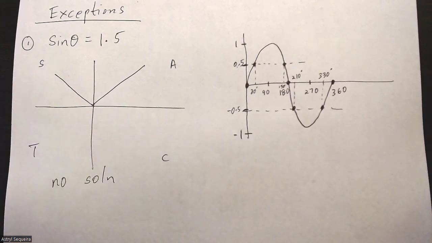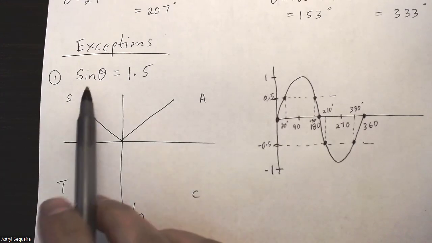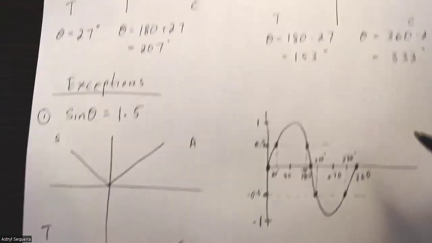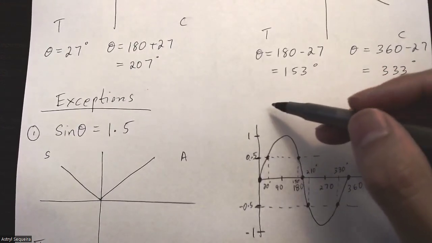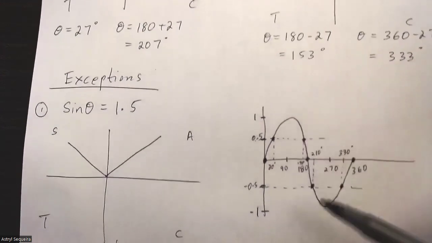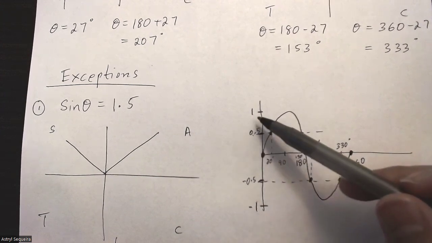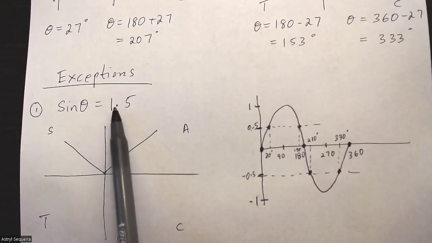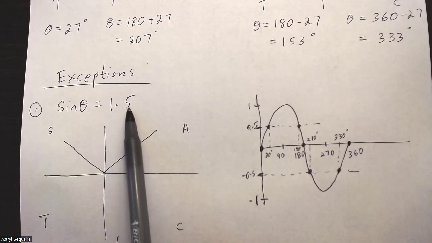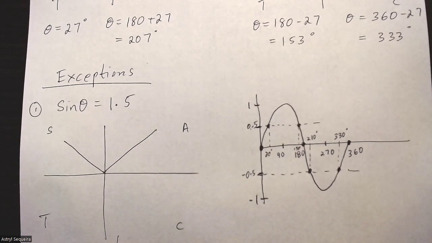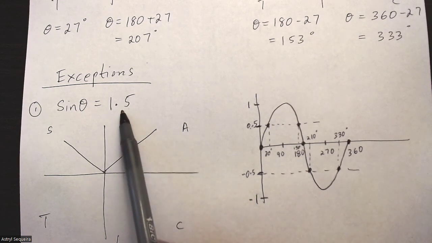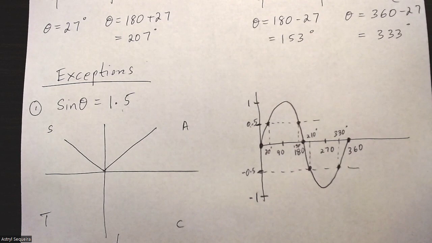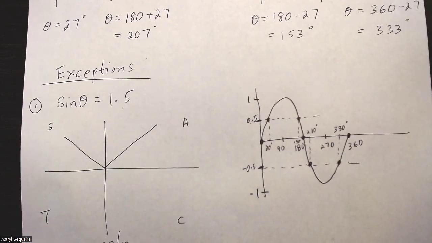So in this final example over here, where I had sine theta equals 1.5, it didn't work because there's no value of theta where y is 1.5. Y is only between -1 and +1, which means your ratio has to be between -1 and +1. If you have anything above +1, like I did here, or anything below -1, you can automatically say no solution.